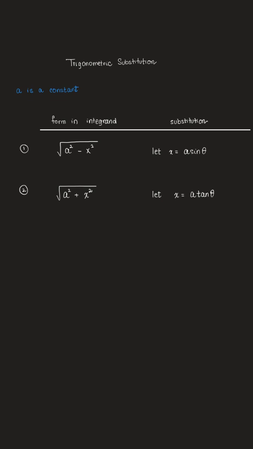And then we will transform the entire integral to be in terms of theta. Finally, the third form we might encounter is another difference of perfect squares inside our square root, but this time we'll have x squared minus a constant squared. And if we have this form, we're going to let x be a secant theta.